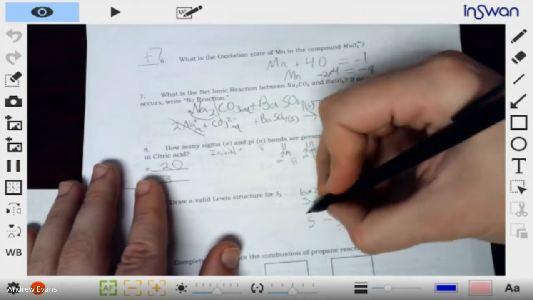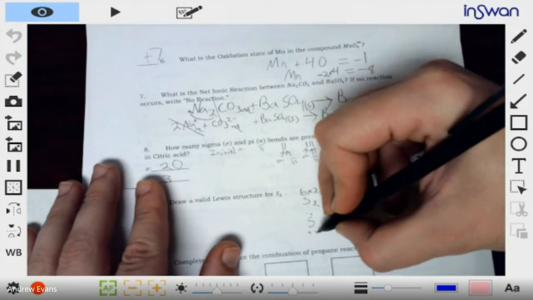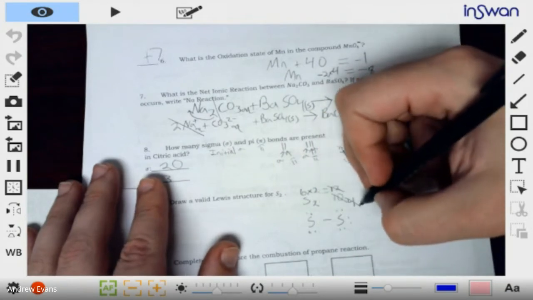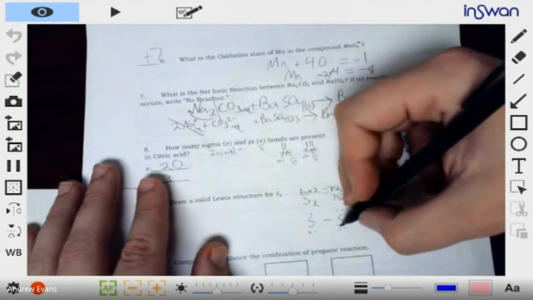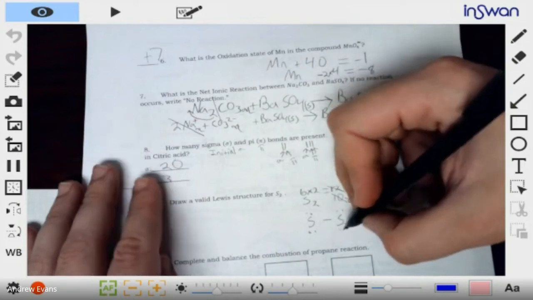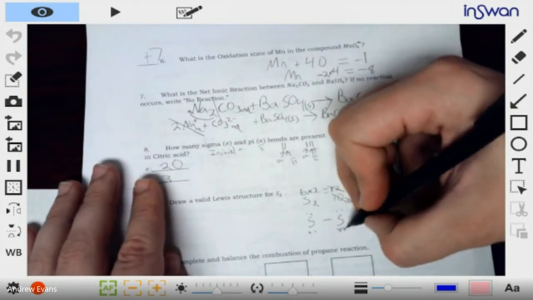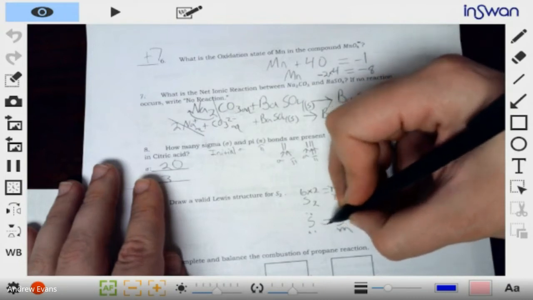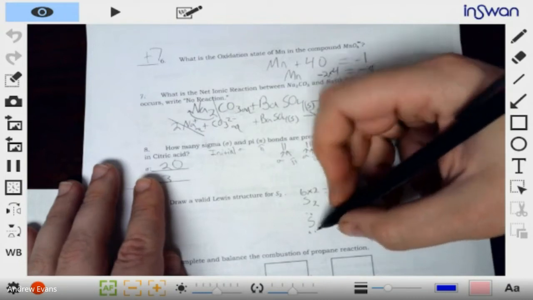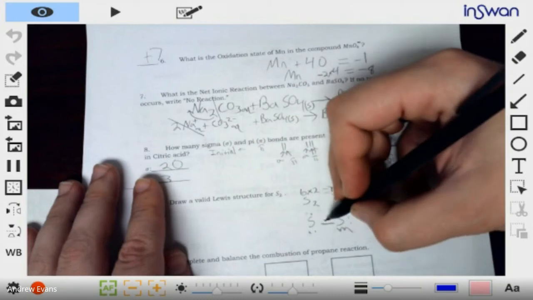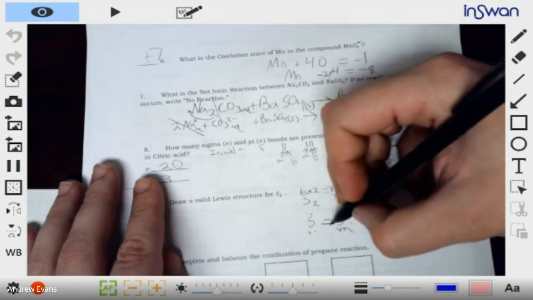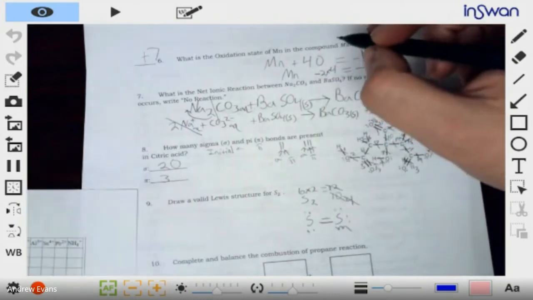Place remaining electrons on the inner atom. Now, we must make an octet by transferring electrons. So this has 2, 4, 6. We're going to take 1 lone pair and make this a double bond. That is a valid Lewis structure. 2, 4, 6, 8. 2, 4, 6, 8. There's a valid Lewis structure for sulfur.